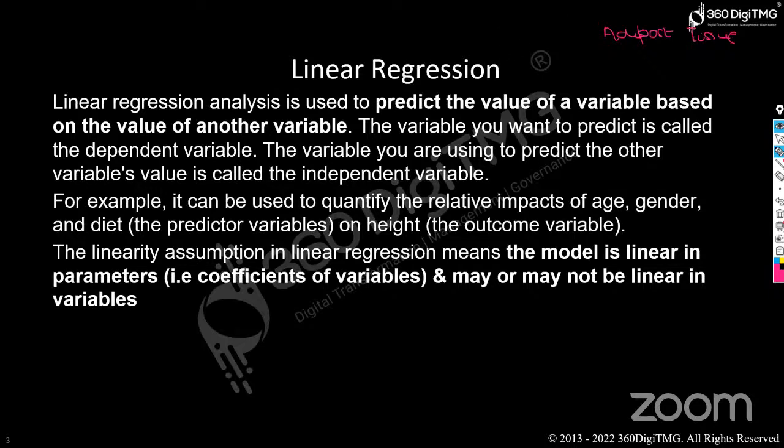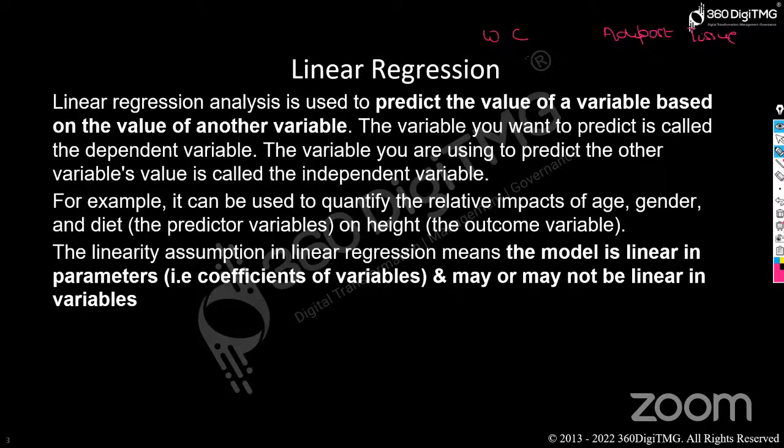So if there is a sports person and his waist circumference increases, which means he has a lot of fat deposit on his abdominal part, maybe he will not be able to perform in a better manner. Maybe his physical capabilities will be hampered.